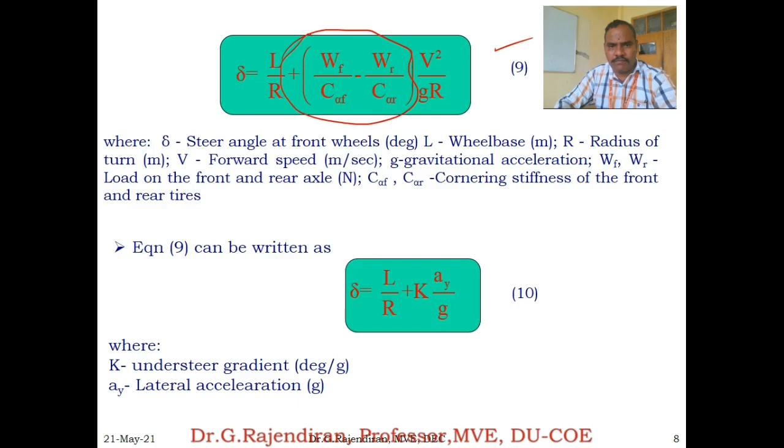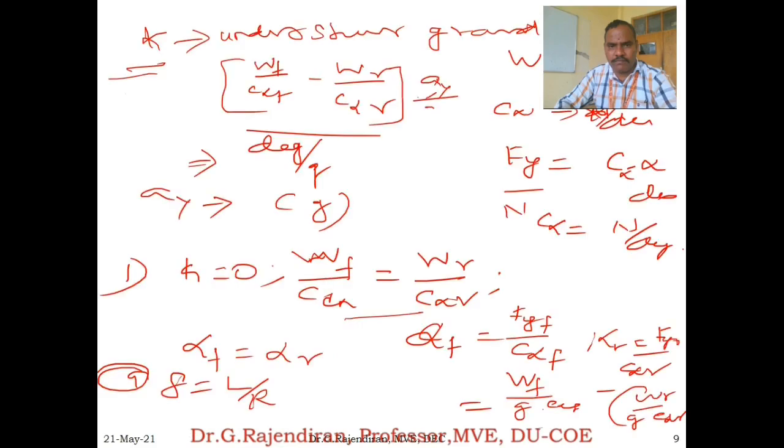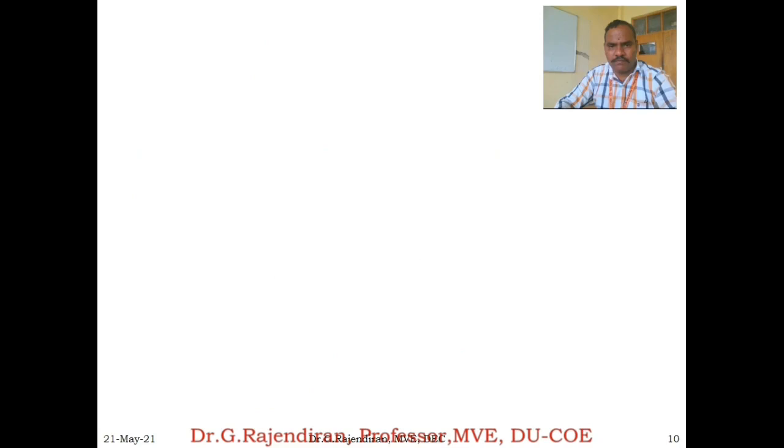Now when you are making the speed versus steer angle plot, from equation 9, here is speed, here is delta.